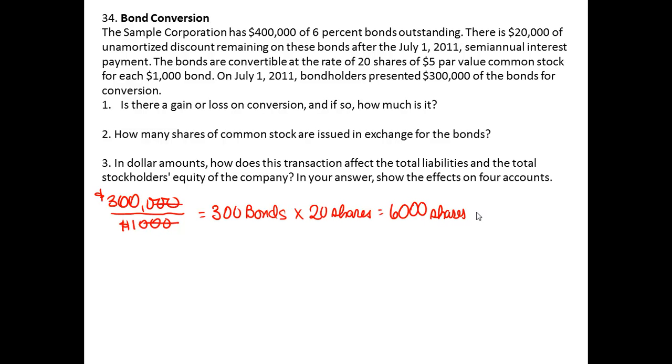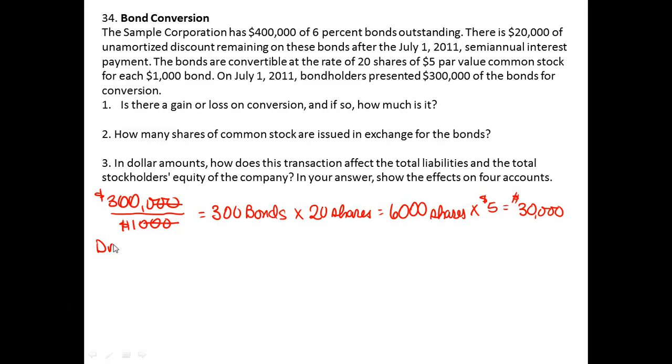And each of those shares have a par value of $5. So when we get ready to convert, common stock will be increased by $30,000, or the 6,000 shares at its par value.